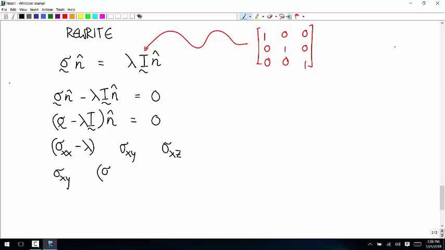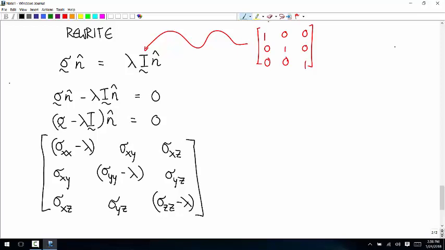Then the yy element is sigma yy minus lambda, sigma yz, sigma xz, sigma yz, and then the quantity sigma zz minus lambda. So that matrix times nx, ny, nz is equal to 0.